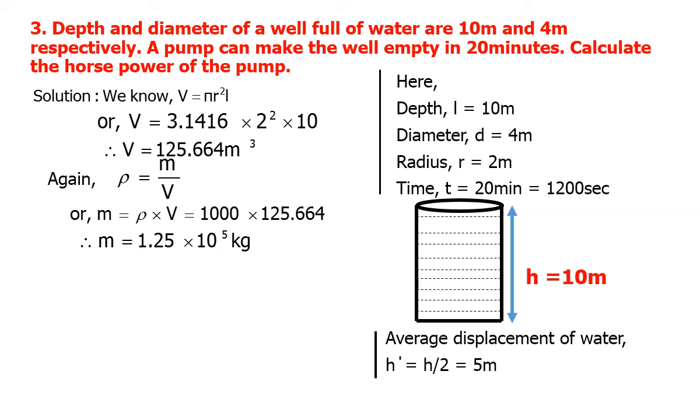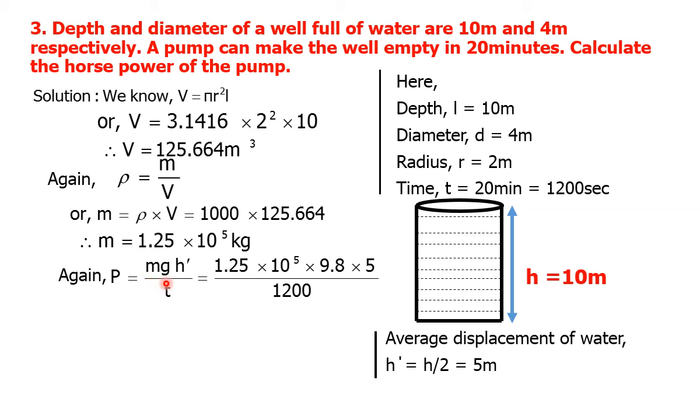And we have to calculate the power. So we already have mass, height, and the time. So now we'll choose the formula P equal to mgh prime by t to calculate the power. If we put the values of m, g, h prime and t in the formula of P, then we'll get the result in watt unit.